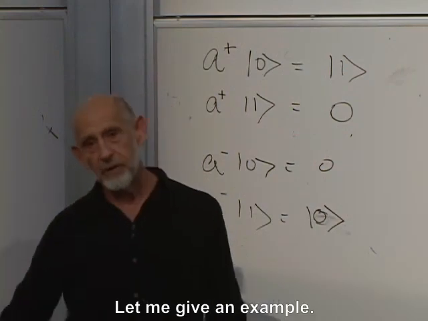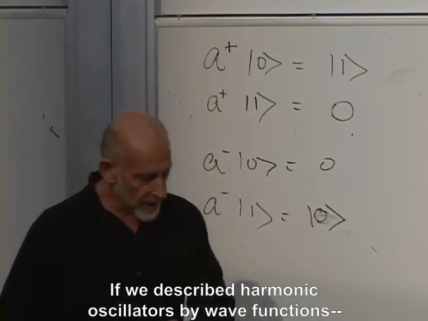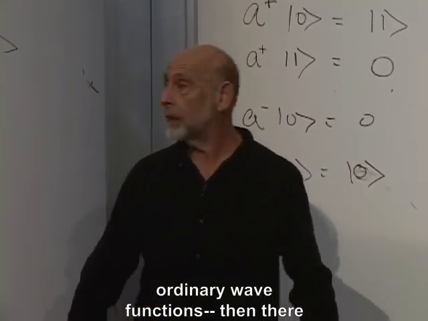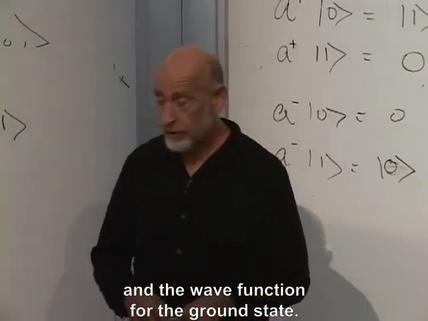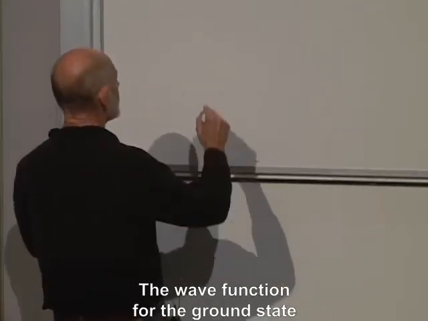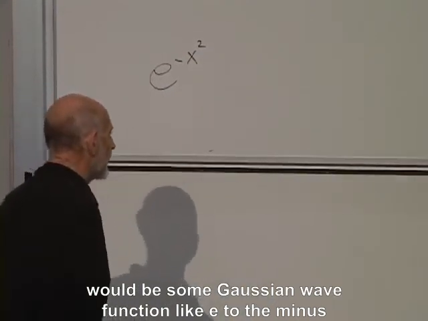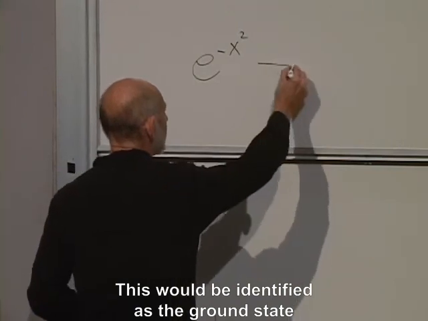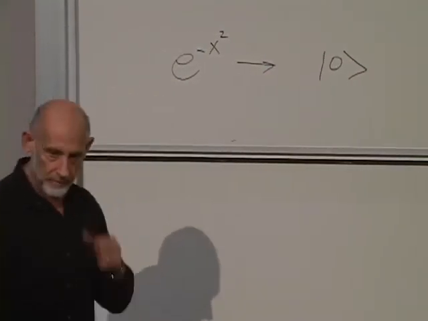Let me give an example. If we described harmonic oscillators by ordinary wave functions, then there would be a wave function for the ground state. The wave function for the ground state would be some Gaussian wave function like e to the minus x squared. This would be identified as the ground state, and therefore the state with no excitations.